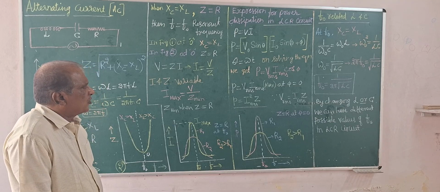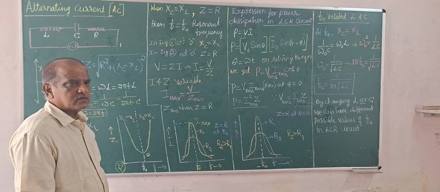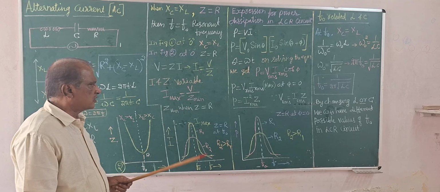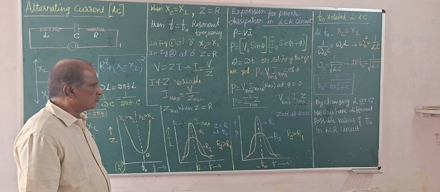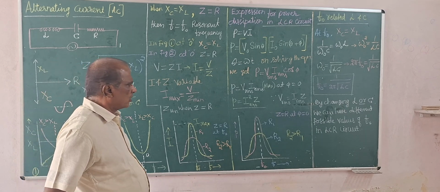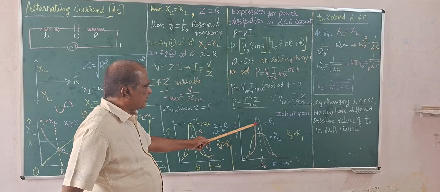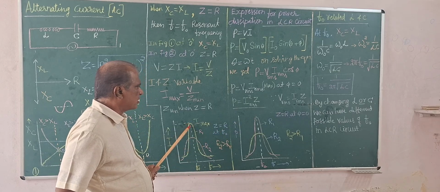If any useful form of work is done, then it is easier for this circuit. What is easier for the circuit? Easier for the flow of current. That is what we are seeing in an alternate way. Whether it is power dissipated or maximum current flow, both are the same.